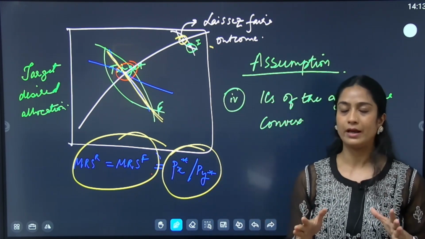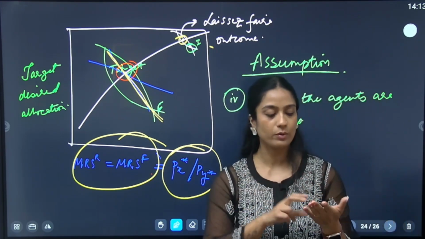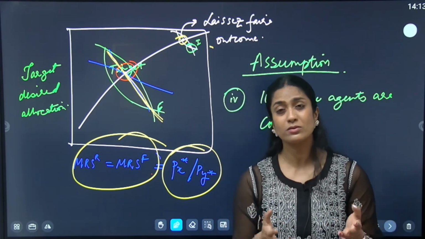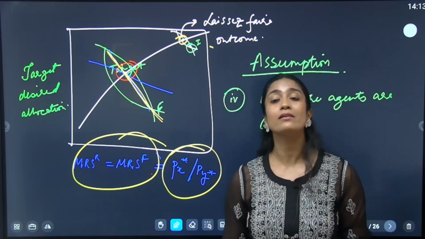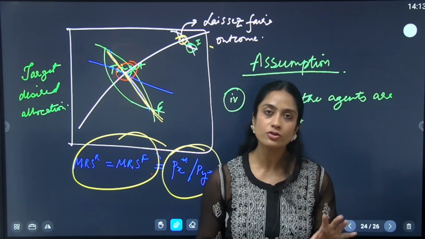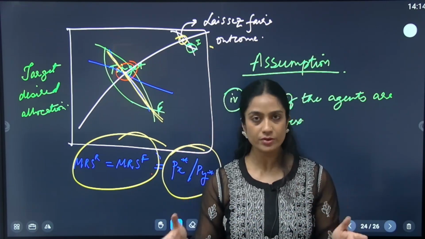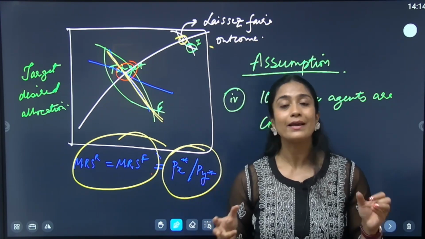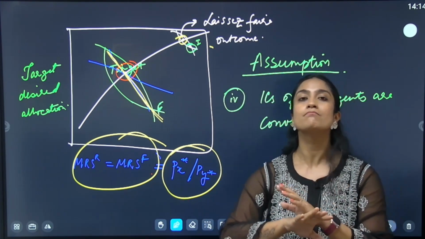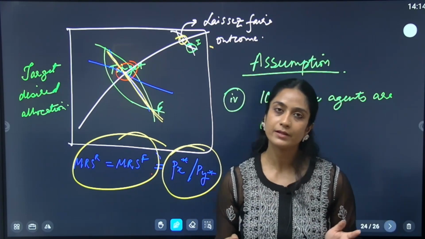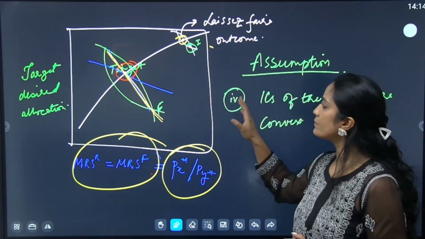Rahul was alone on the island, and Rahul was not only consuming things, but Rahul also needed to produce things. So now we'll look at both the production as well as consumption, or the distribution angle of it, and then we will do general equilibrium in this expanded economy. Okay, so this is what we'll do right now.